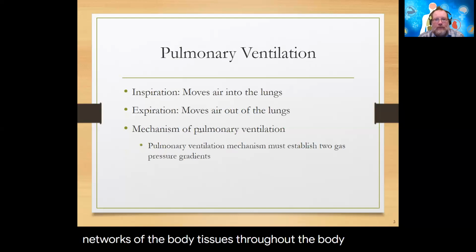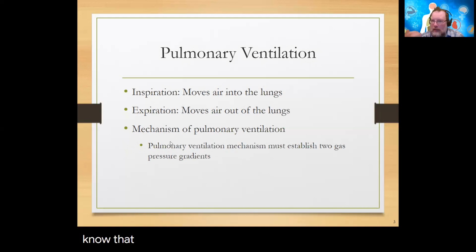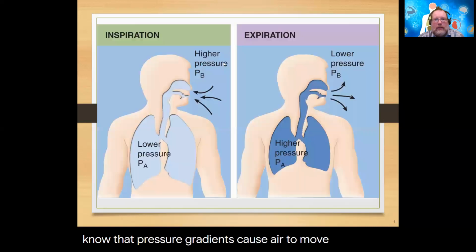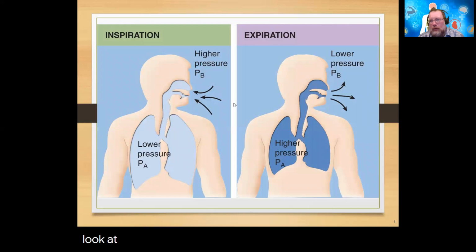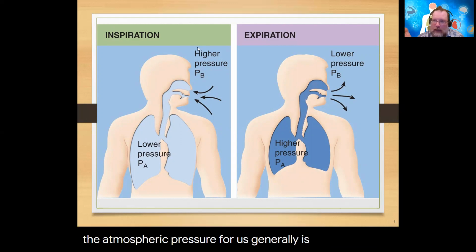We look at inspiration and expiration, also known as inhalation, exhalation, moving air in, moving air out. We know that pressure gradients cause air to move. Air moves from high pressure to lower pressure. The atmospheric pressure for us generally is 1 atmosphere or 1 ATM.